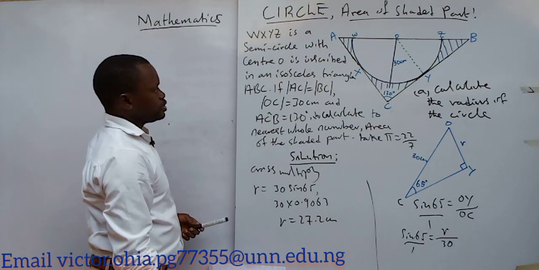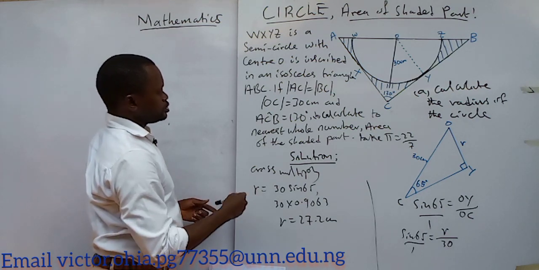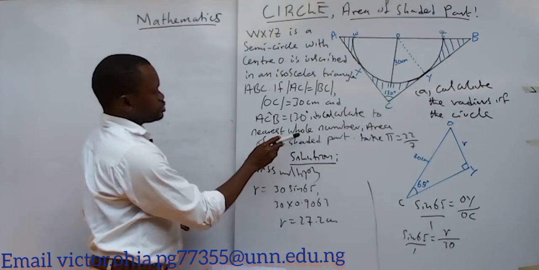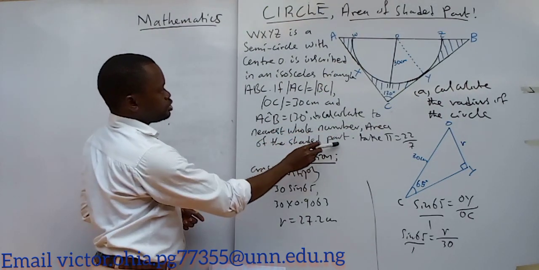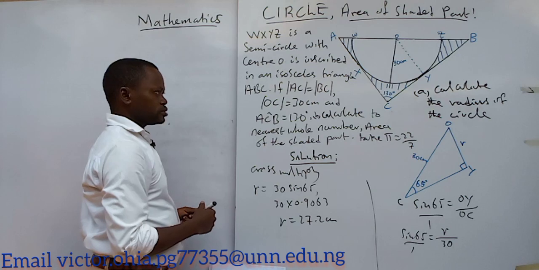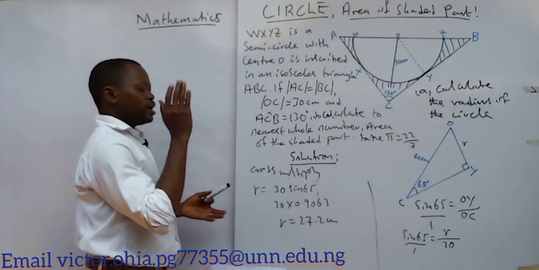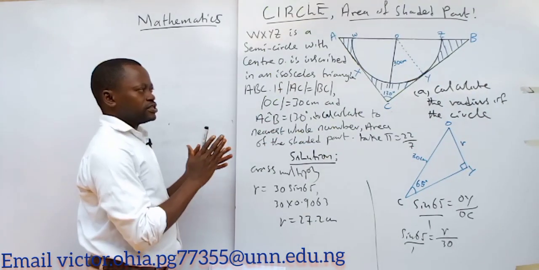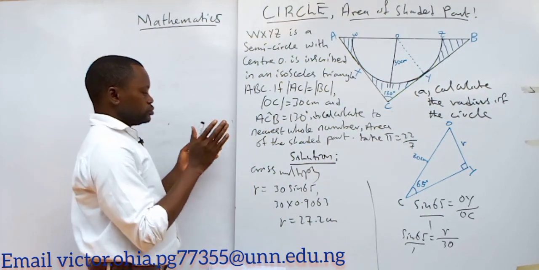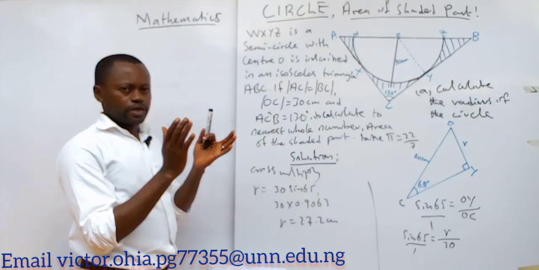The next thing now is how do we calculate this question that says calculate to the nearest whole number the area of the shaded part? If you look at what is happening there, we have a semicircle and we have a triangle. Look at the way I am going to explain it.